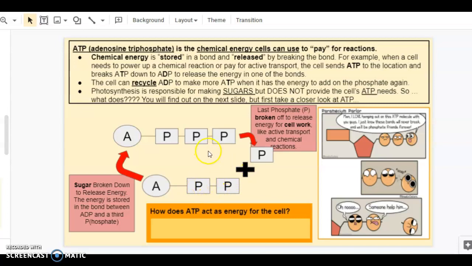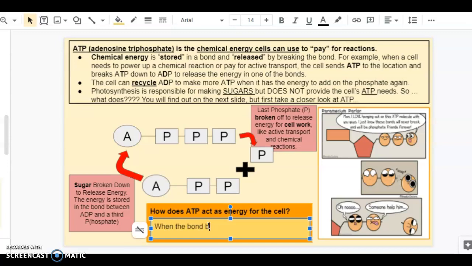The energy that is released is a very little tiny burst of energy that it can use to pay for chemical reactions. So ATP works a lot like our currency, like money, where it's a small form that can be used in small amounts to pay for reactions. How does it act as energy for the cell?